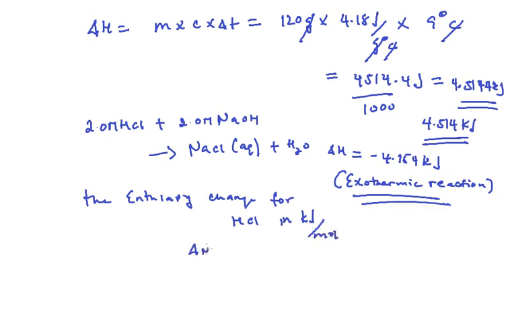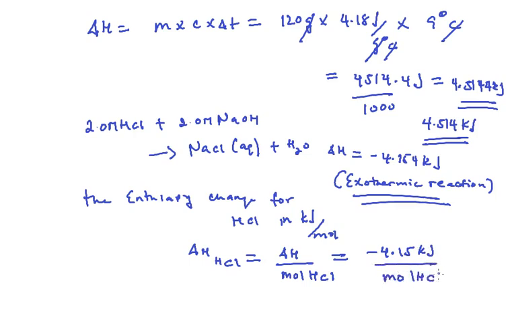To find the enthalpy change for hydrochloric acid, we need to take the total amount of heat, which is the delta H value, divided by the moles of hydrochloric acid. The delta H value is actually minus 4.514 kilojoules. But we still have to calculate the moles of hydrochloric acid. So how do we calculate the moles of hydrochloric acid from this reaction?